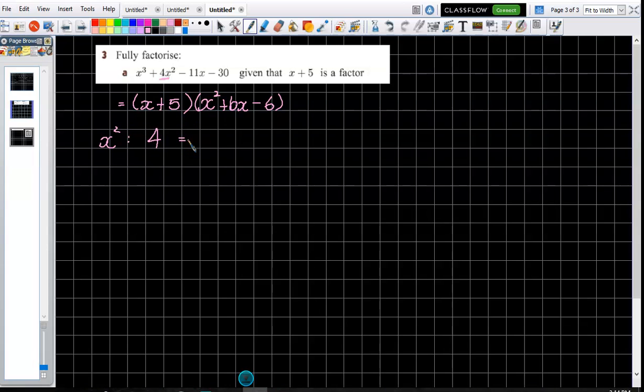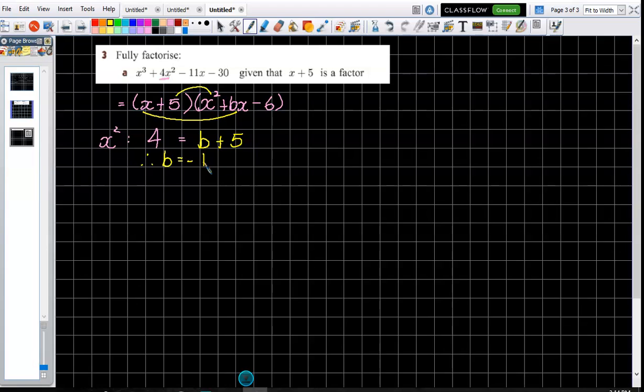On the right-hand side, how do I get x squared? You can get it by x times bx, or 5 times x squared. So you've got b as the coefficient, or 5. So what's b got to be? B is minus 1. And then you can factorise.